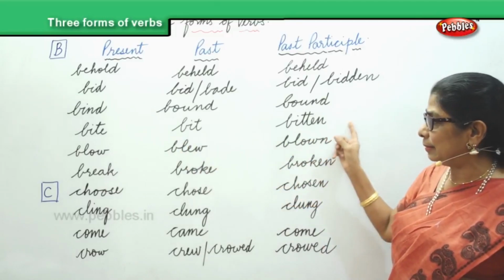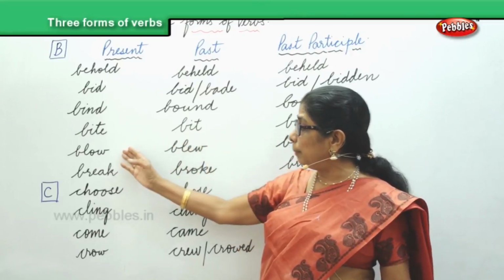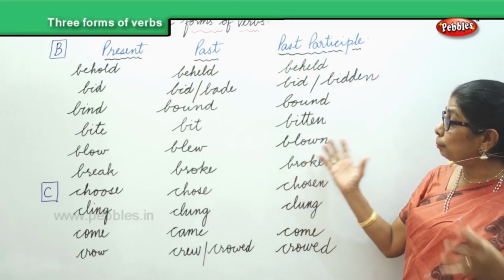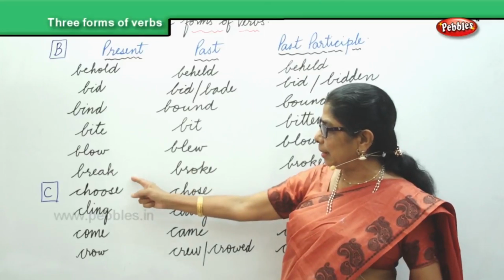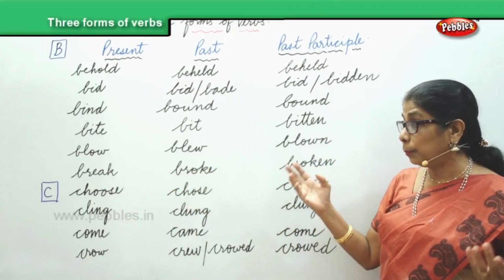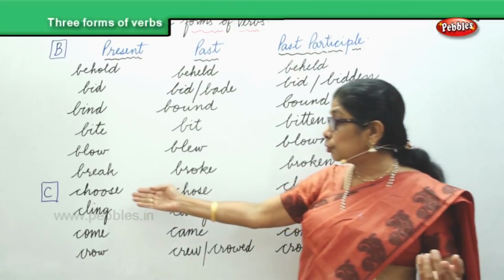Bite, bit, you were bitten. You blew something, air into the balloon. You blew air into the balloon. The balloon is blown and it's full of air. Break, broke, broken. You break a branch, you broke a branch, it is broken. Now, choose.